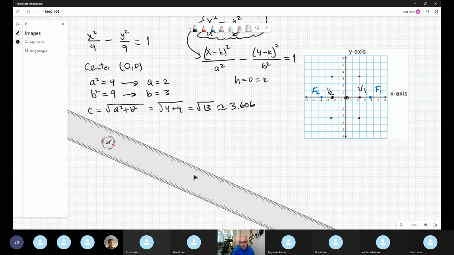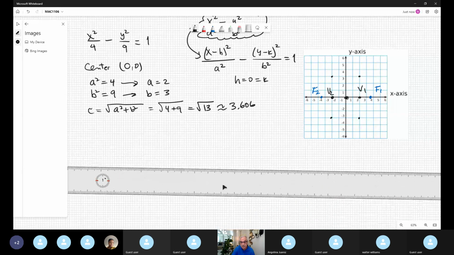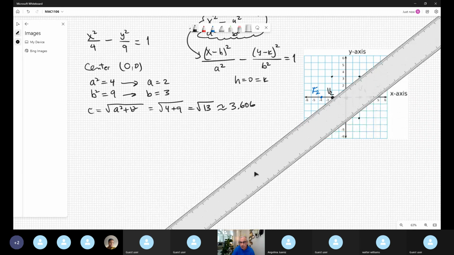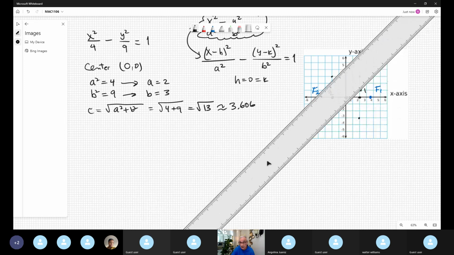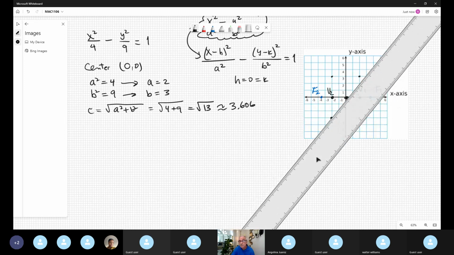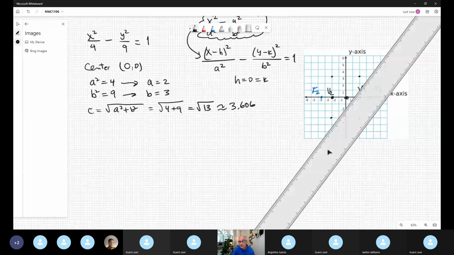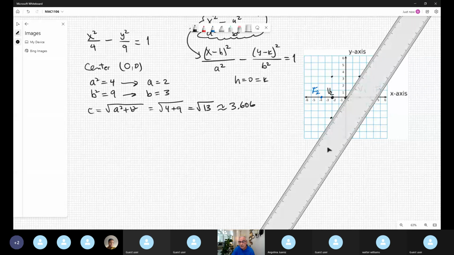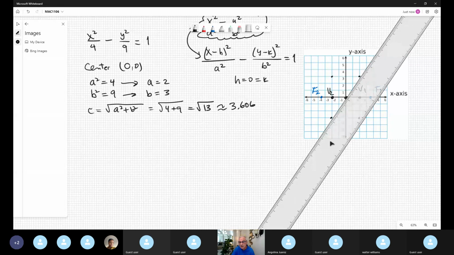The corners of the reference rectangle, passing through, of course, the center. Let me try to do my best. Something like that. Not exactly, but something like that. Of course, asymptotes, any asymptote, you put a dotted line.